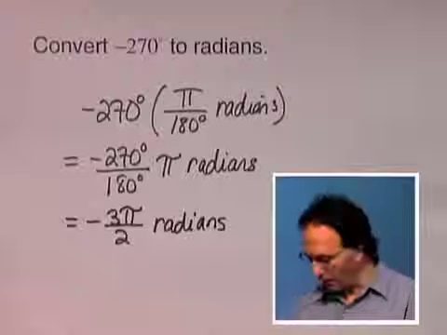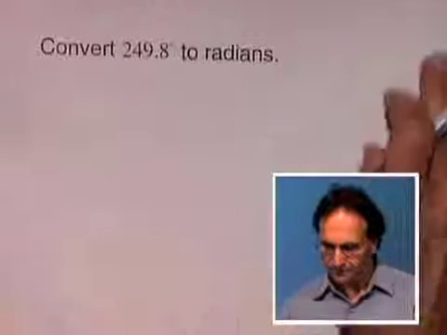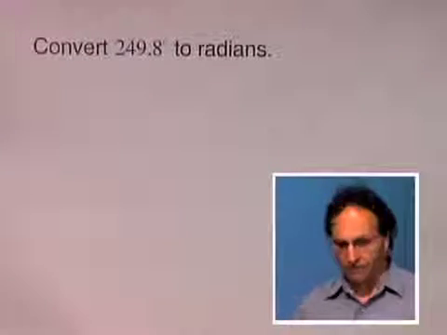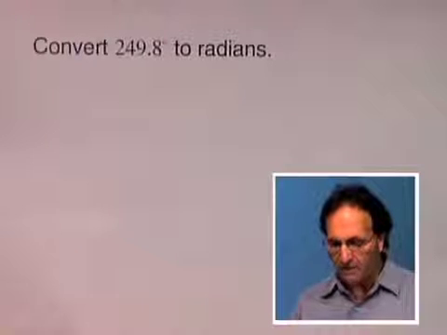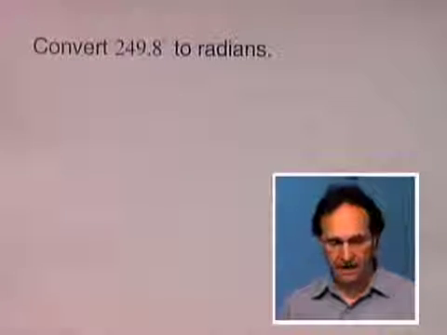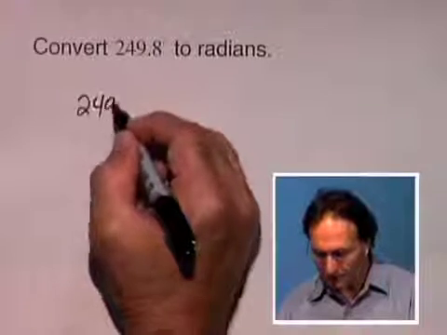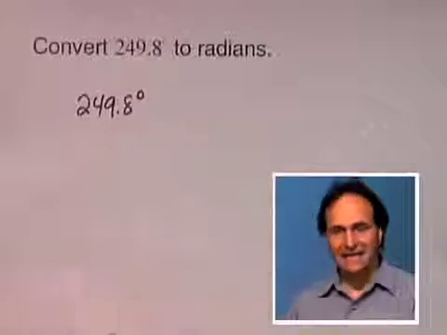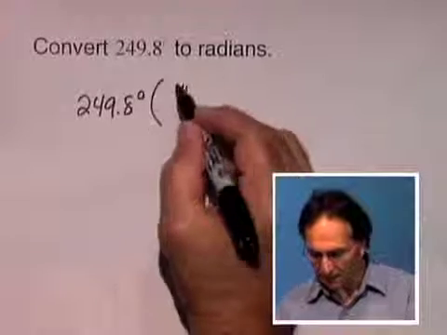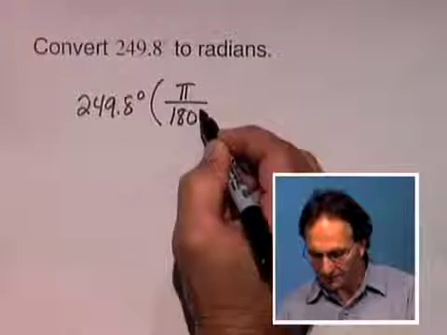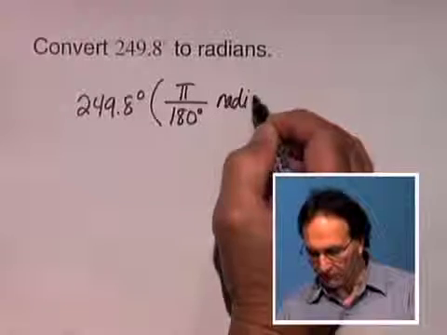Let's work one more conversion. Convert 249.8 degrees to radians. So we are going to multiply 249.8 degrees times pi over 180 degrees radians.